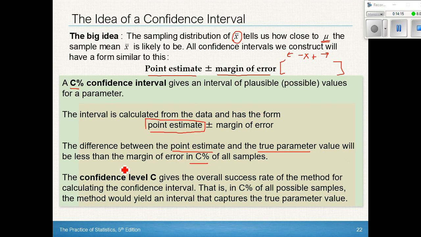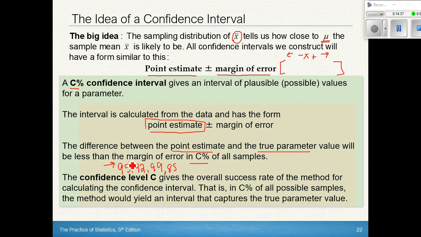The confidence level, so you're going to see 95, 92, 99, 85, whatever, gives an overall success rate of the method for calculating the confidence interval. That's basically like saying if I take 100 samples, in 95 of them I'll create an interval where I capture the population mean.